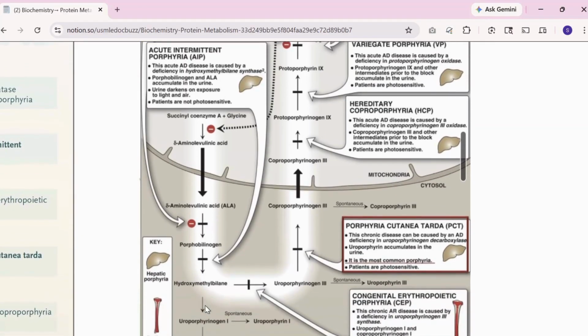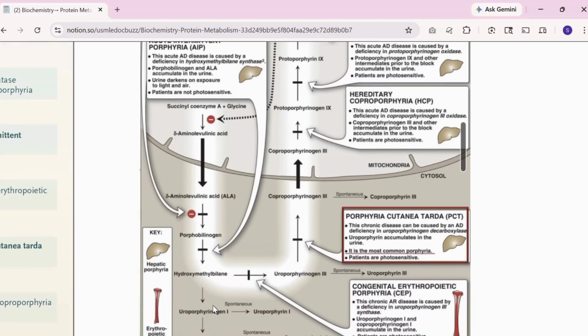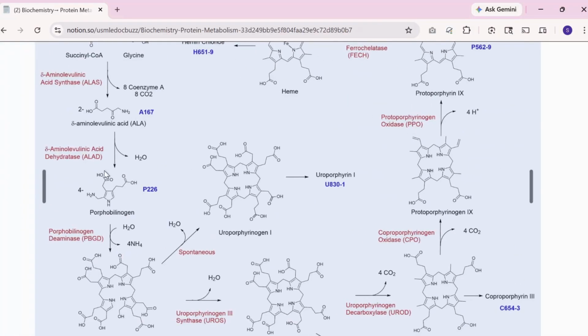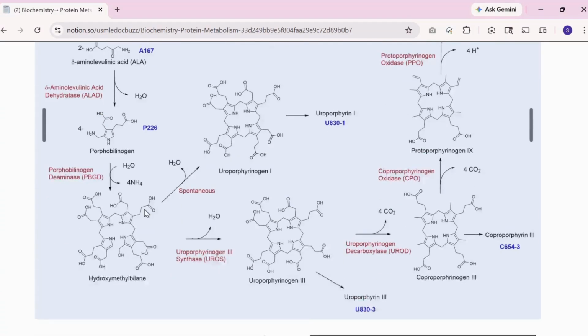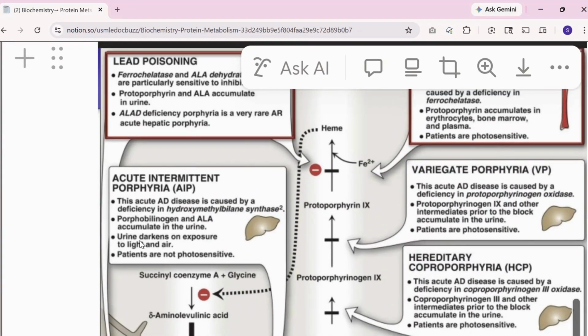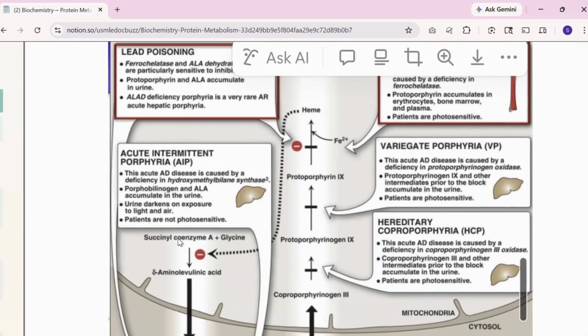This thing can oxidize when it's exposed to air. So it may show you urine darkens on exposure to light and air. That's a special thing that AIP people will show, because the structure is not stable, it can oxidize and turn into a dark color.